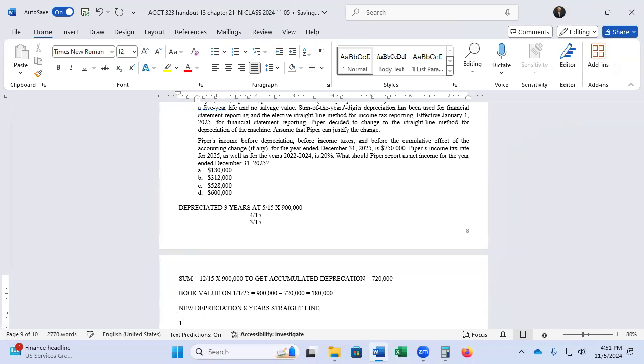And so we take the 180,000 and we're going to divide it by 2 because there's 2 years remaining. I got that wrong. Sorry, this is 5 years minus 3, straight line. And so that's 90,000.